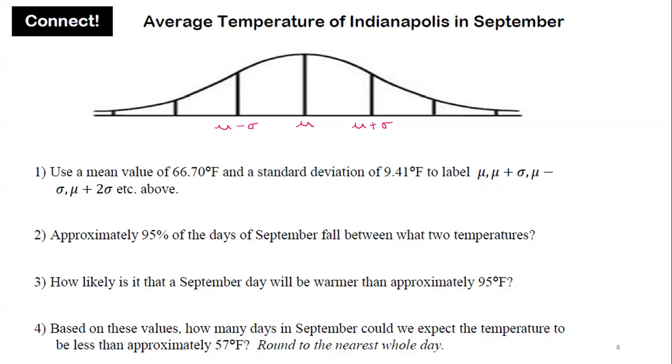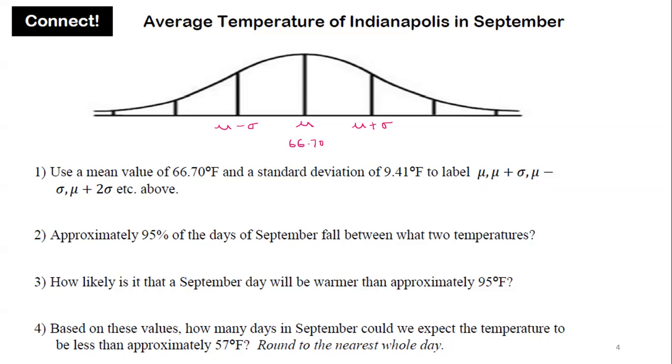So here we have 66.70 degrees Fahrenheit. I'm going to put that right here in the middle. I'm writing a little bit small and lighter here so I can fit my information. Again, if you can't see that, you can zoom in on your end. So we have 66.70.